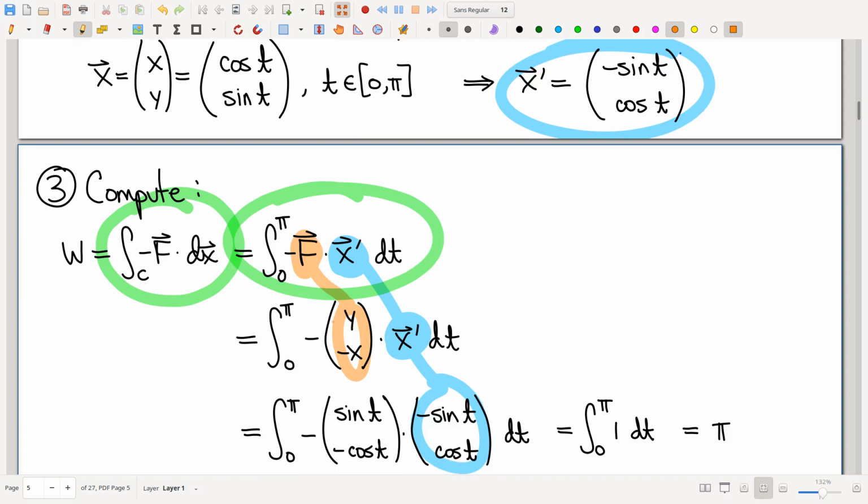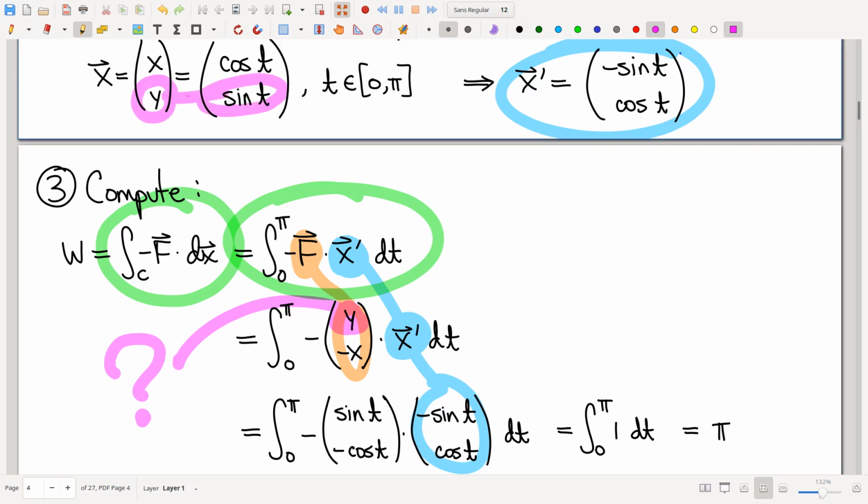Let's see here. One last thing to plug in here is we've got to figure out what we're going to do, for example, with this y. What is y? Well, right here in the parameterization, as usual, when you do a change of variables, and this is not that different from a change of variables, the change of variables function, in this case parameterization, tells you your output variables in terms of your input variables.